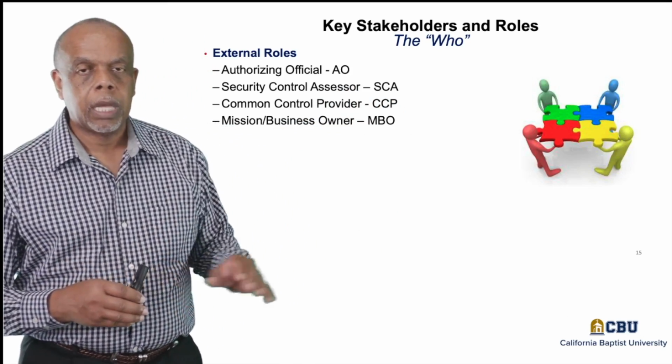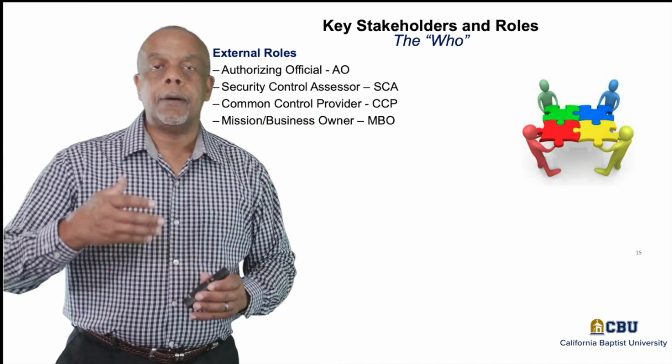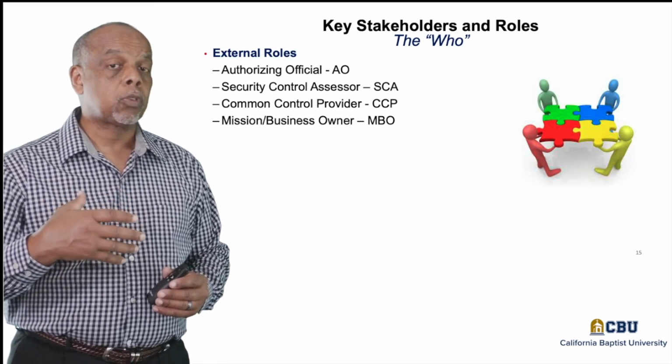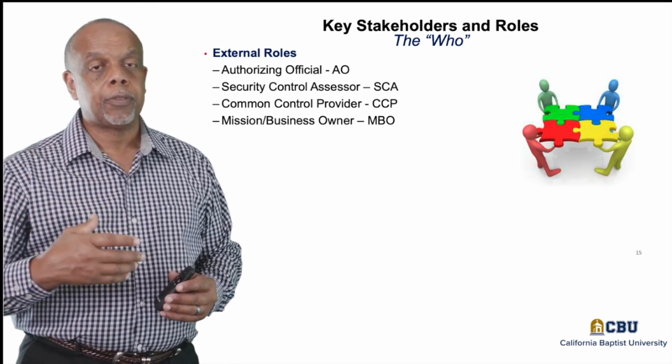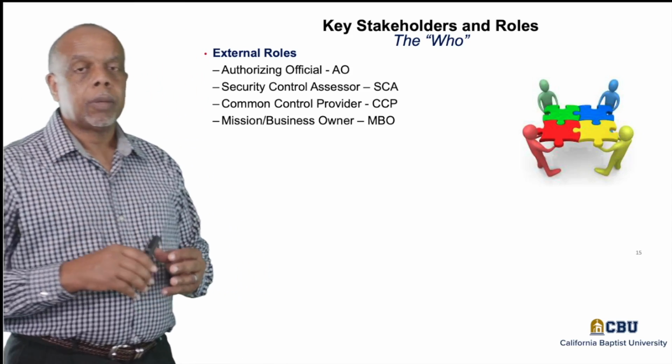Common control providers, meaning that you may inherit security controls from other places or from other organizations, or if you're in the federal government, you may inherit them from the federal government, where they provide you controls.